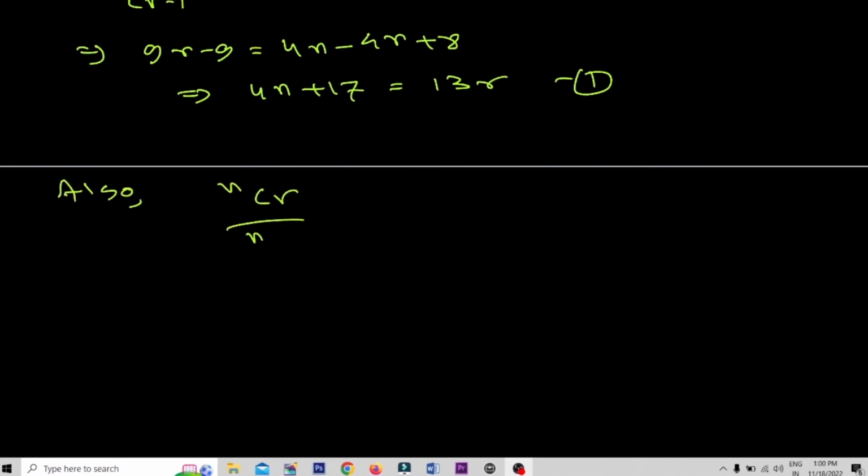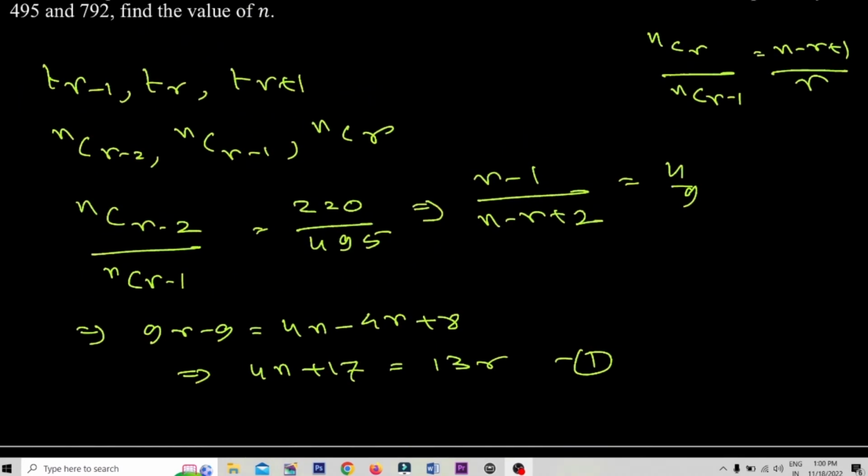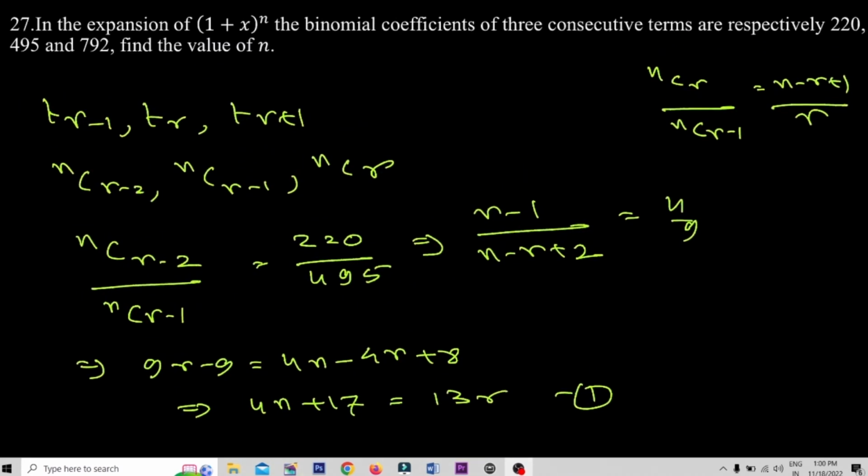Also, nCr by nC(r minus 1) equals 792 by 495. Now we can apply the previous formula, (n minus r plus 1) by r.